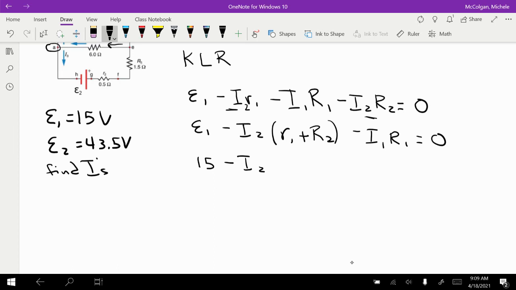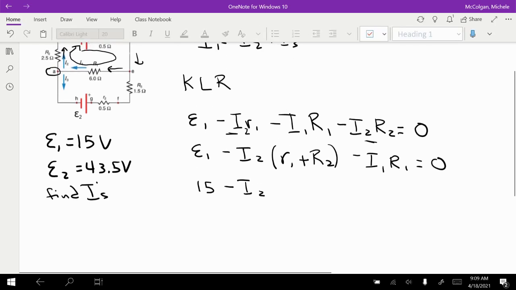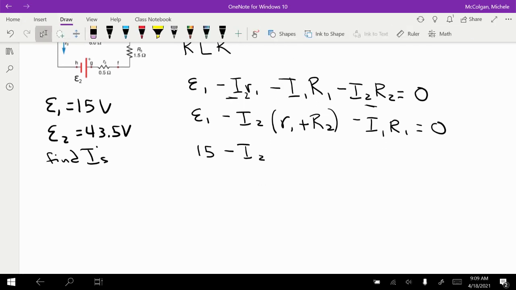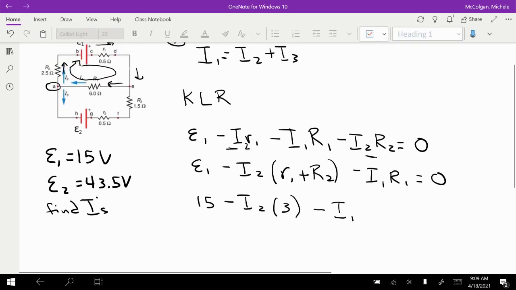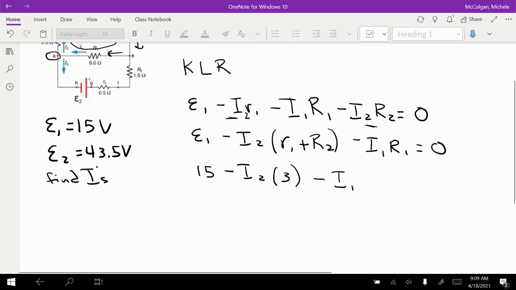Little R1 is 0.5, and R2 is 2.5, so the total is going to be 3 ohms. And then minus I1, and then R1 is, let's look at that again, R1 is 6.